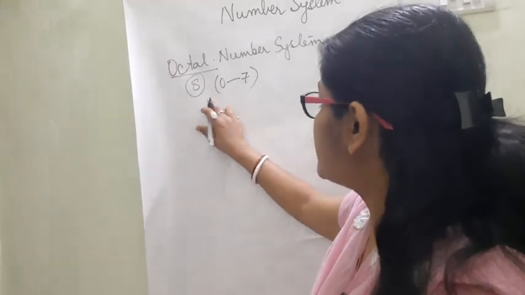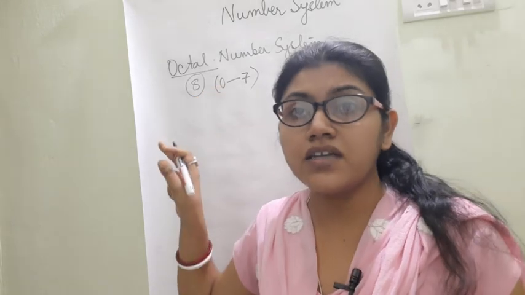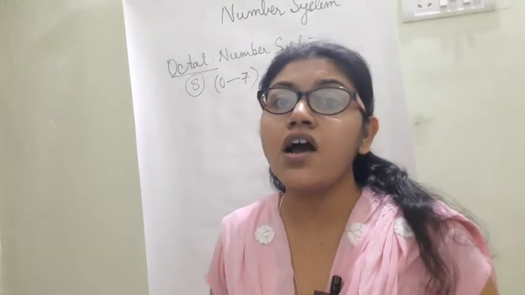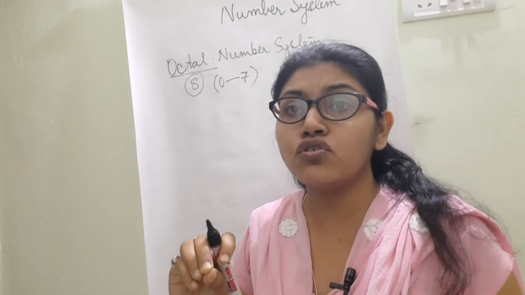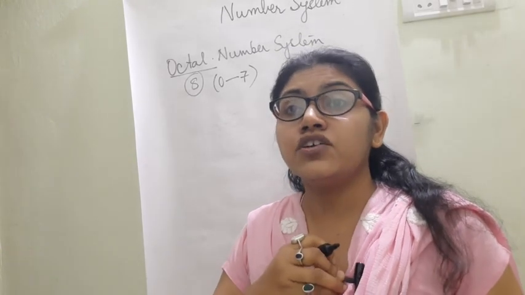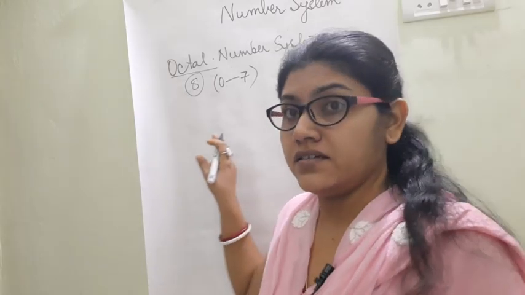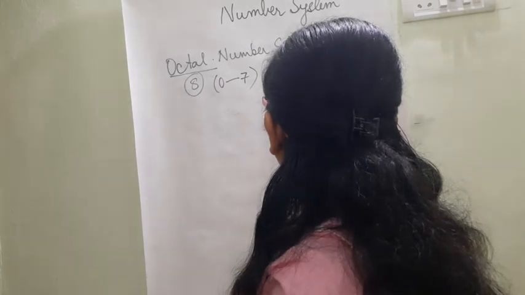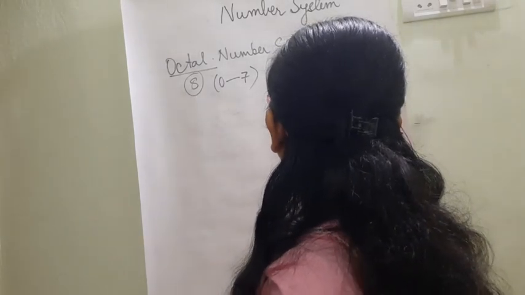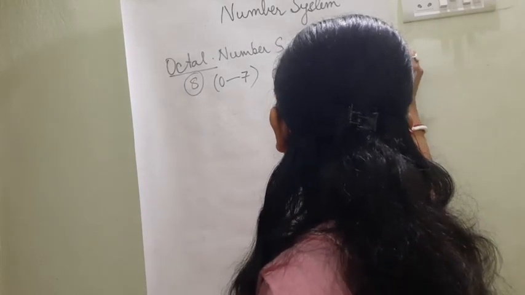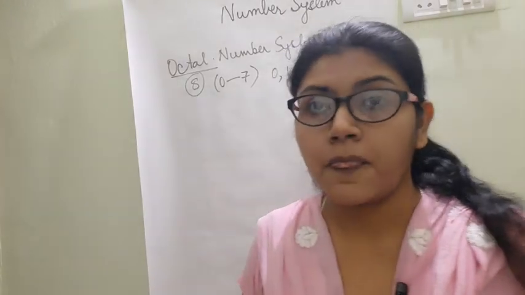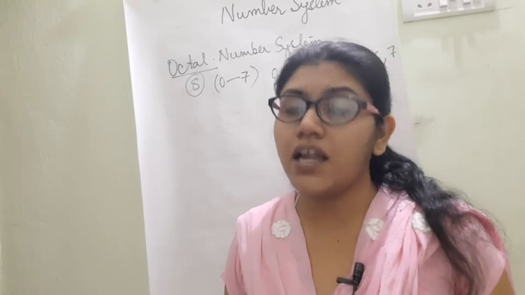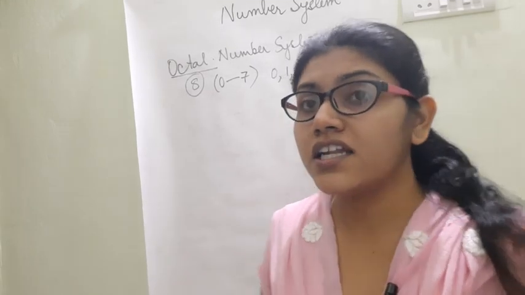So octal means 8 numbers, and the number will start from 0 to 7. जो नंबर शुरू होगा वो कैसे शुरू होगा? 0 to 7. ठीक है, कैसे? 0 1 2 3 4 5 6 7. Okay, 8 numbers. This is called octal number system.